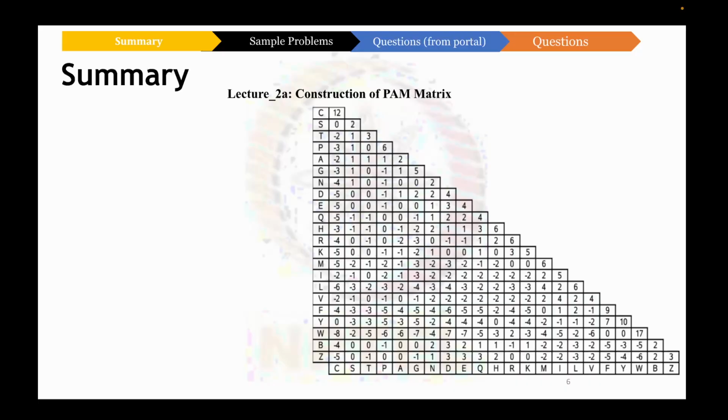So the diagonal elements represent the log odds ratio of probability of a residue remaining unchanged over a specific evolutionary distance compared to the probability of substitution occurring. These values are derived from evolutionary considerations and statistical analysis.